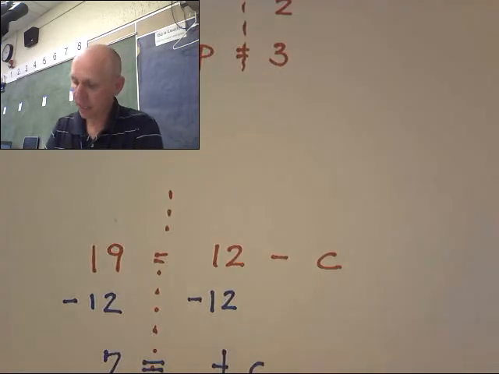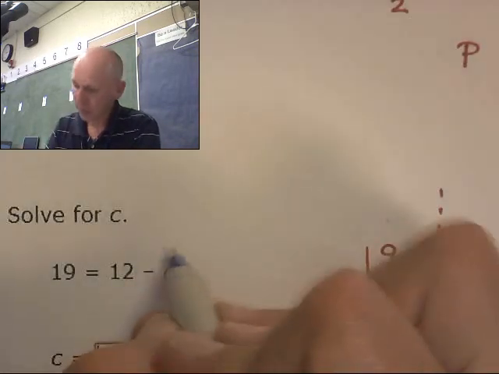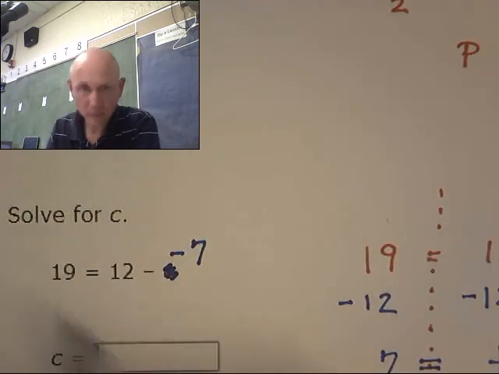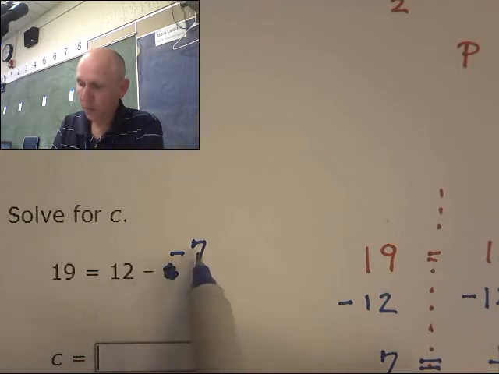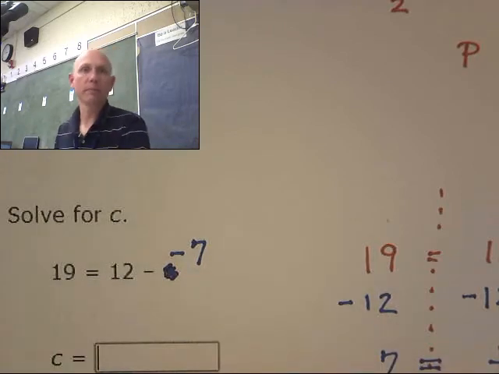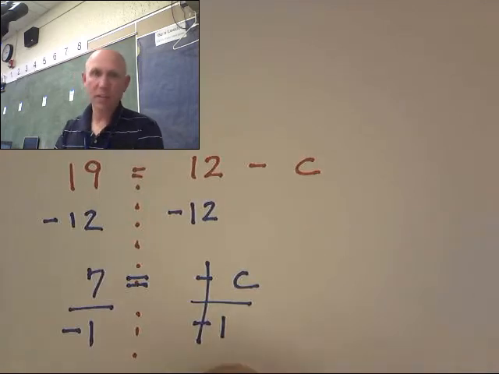If I come back here, I'm using negative 7. 12 minus negative 7. 12, you see the boom boom? 12 plus 7 equals 19. It works. So keep that in your brain. When you have that negative on the variable at the very end, divide both sides by negative 1.